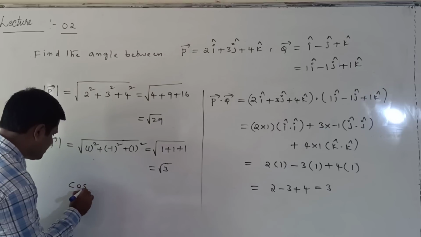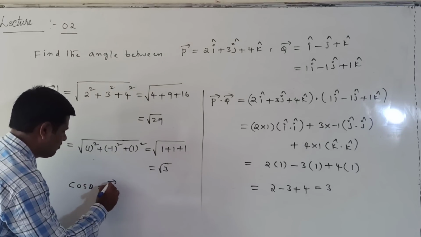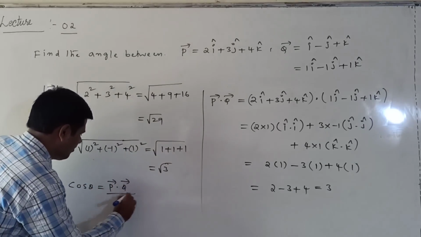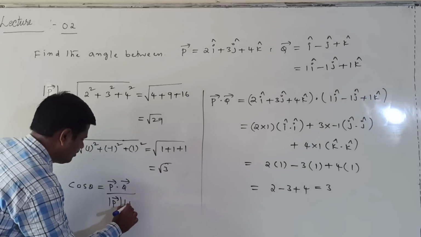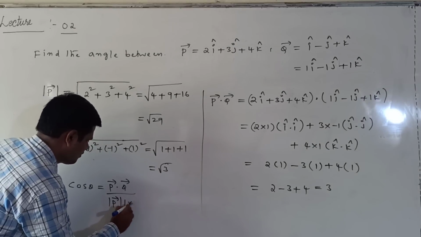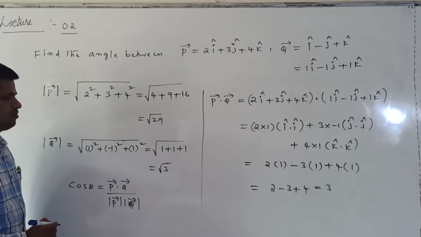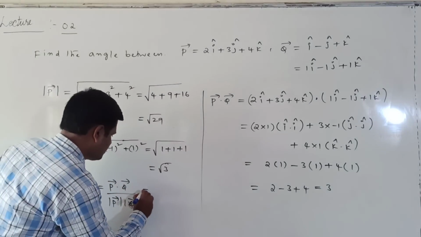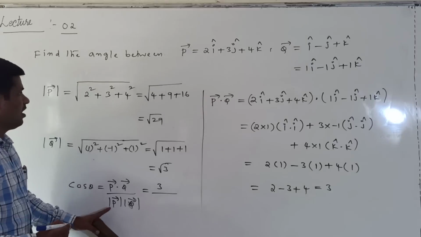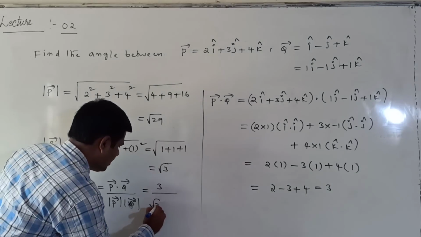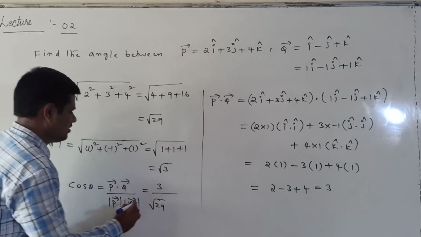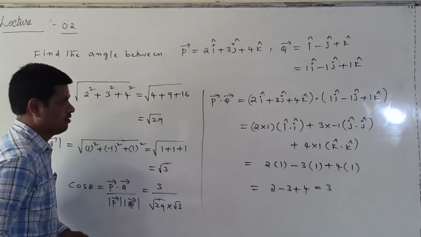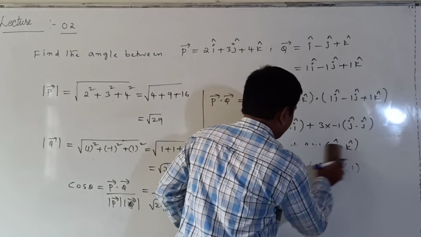Now cos theta. How to find cos theta? We know the formula: P bar dot Q bar by mod P bar into mod Q bar. We substitute here. P bar dot Q bar is equal to 3, mod P bar is equal to root 29, mod Q bar is equal to root 3.